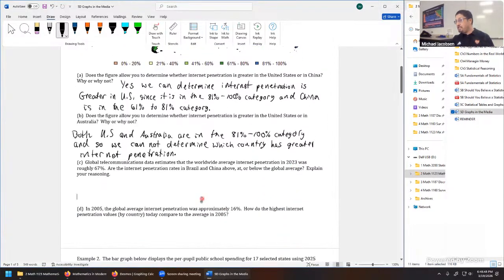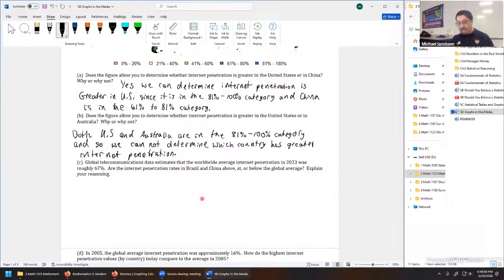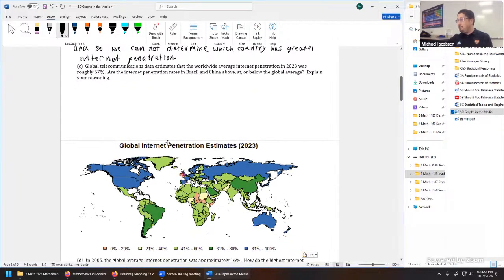And for a couple more follow-up questions, let me put the graph down below so we're not scrolling up and down a whole bunch. Part C starts off by saying, global telecommunications data estimates that the worldwide average internet penetration in 2023 was roughly 67%.